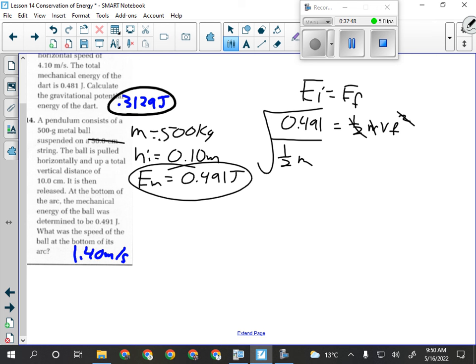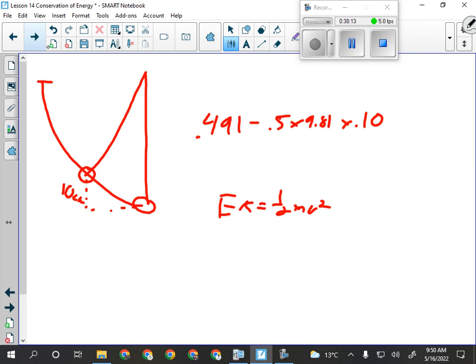It would have been fine to do it the way we've done all the other questions. It's just more work. This is one of those questions where, if you really understand this, you might recognize that there's a shortcut. You can apply what you know and go, oh wait, they told me what the mechanical energy is. I can shortcut this question because I already know what the total is.